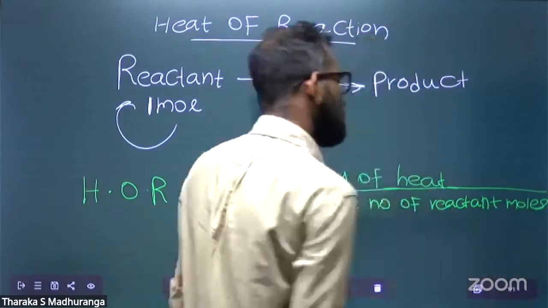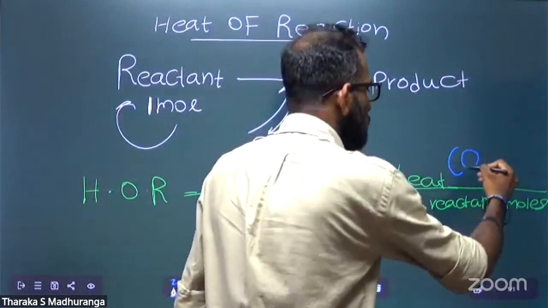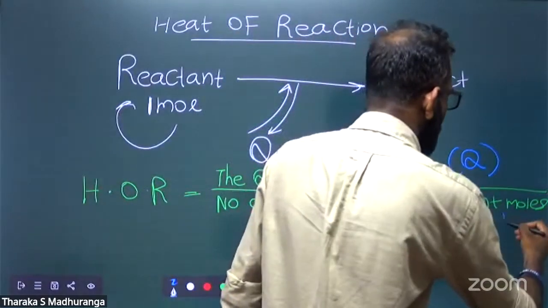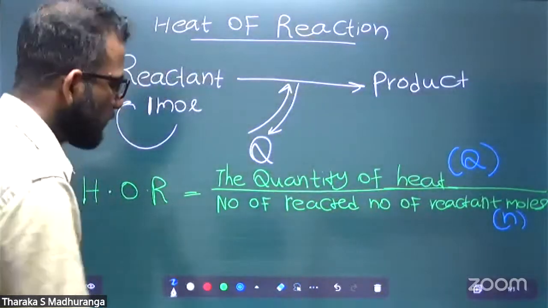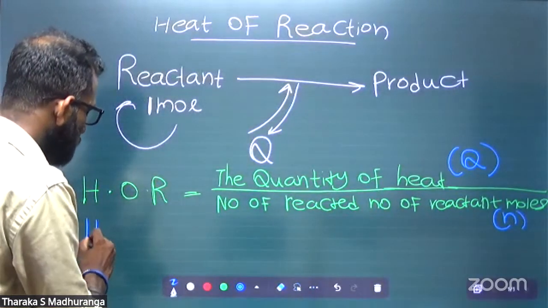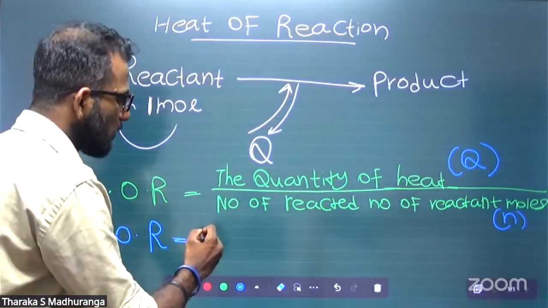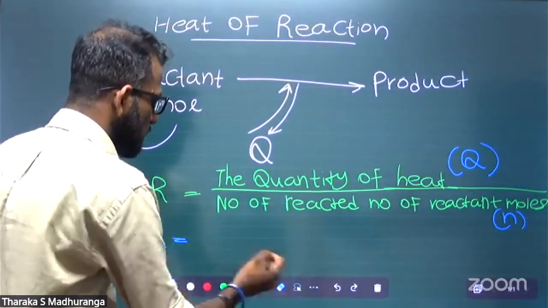Understand? The number of reactant moles. The quantity of heat we call Q. The number of reactant moles we call N. Then the heat of reaction, HOR, equals Q over N.